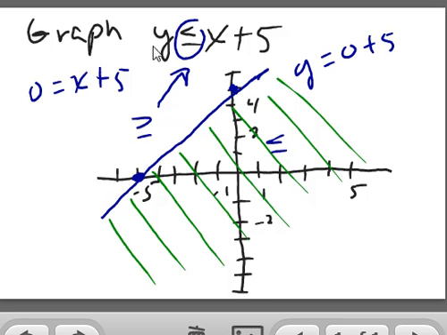So again, 0 for y and -6 for x will leave us with -1. 0 is less than or equal to -1, which is not true.